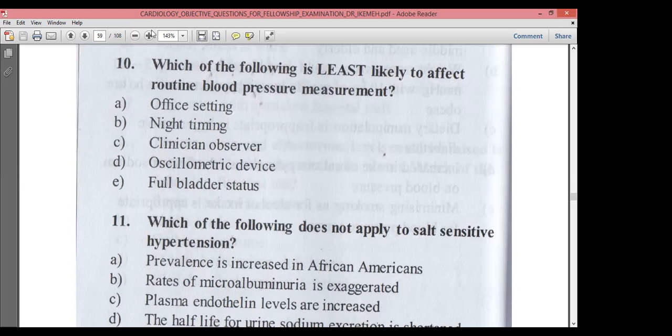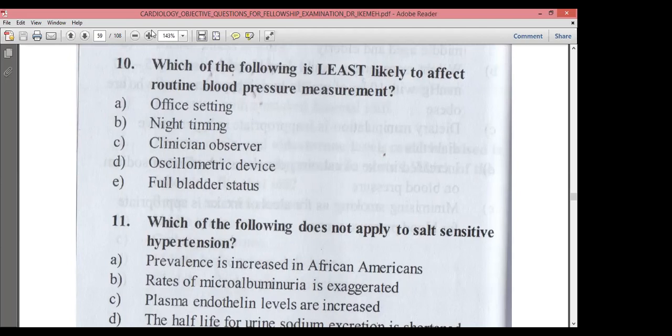Yes, I want to believe that the distinctive word there is routine blood pressure measurement, which implies that if one maintains nighttime as the period for measuring blood pressure, it will give a consistent pattern of reading.